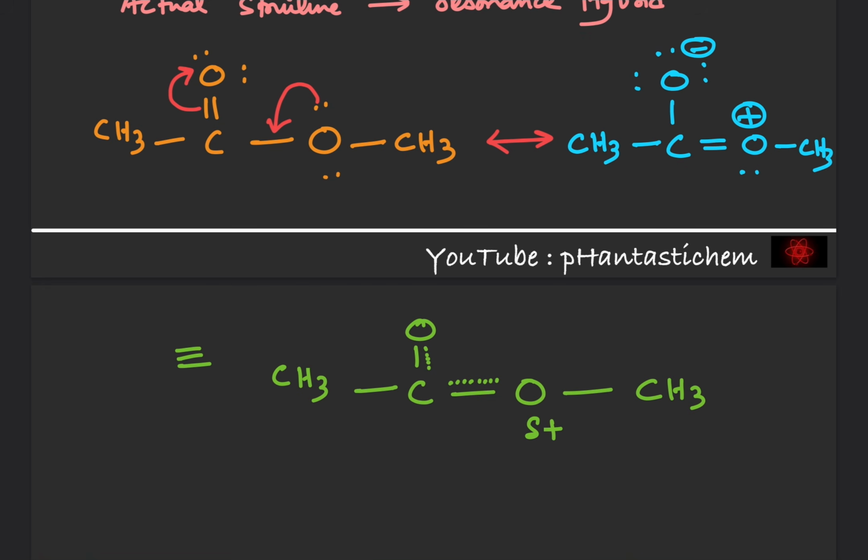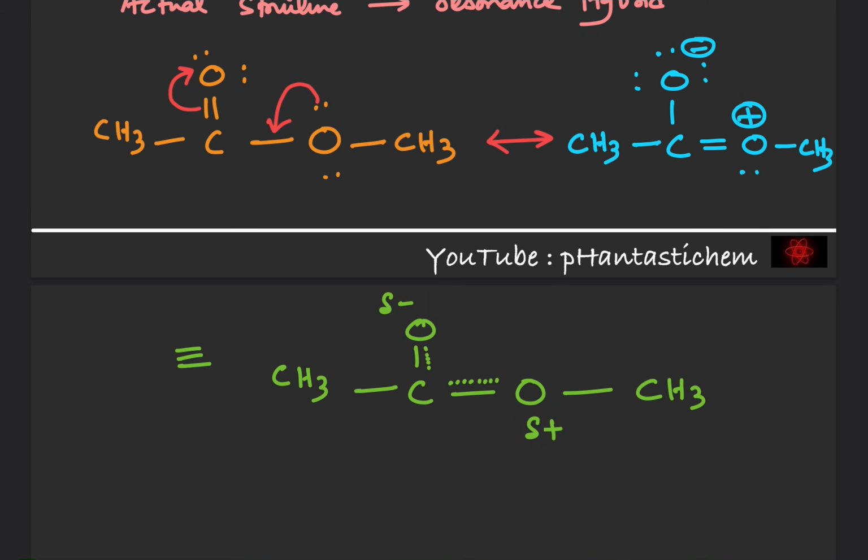It's a partial positive charge and here we have a partial negative charge. The first thing to observe is the charge. In one of the resonance structures there is no charge. In the other resonance structure there is minus charge and plus charge, and in the hybrid we have partial negative and partial positive charge.